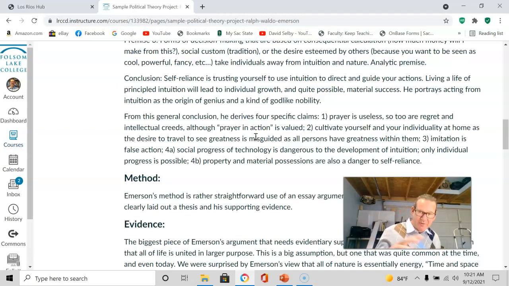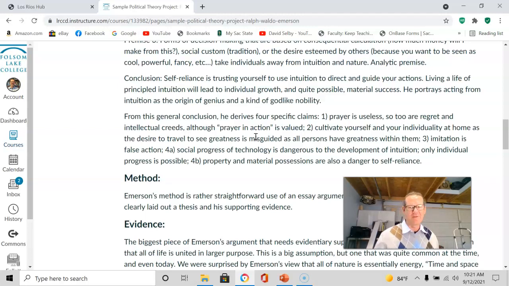Now, that's the general conclusion, but then he spins out some very particular conclusions that he wants to be quite clear about. So first, you can't just pray, okay? Prayer is useless. So too is regret, feeling bad about mistakes.